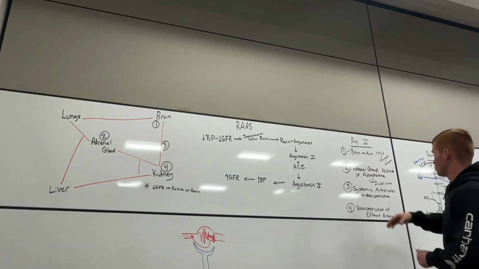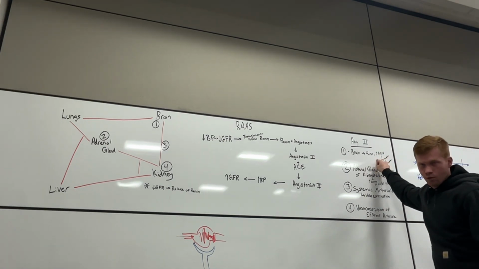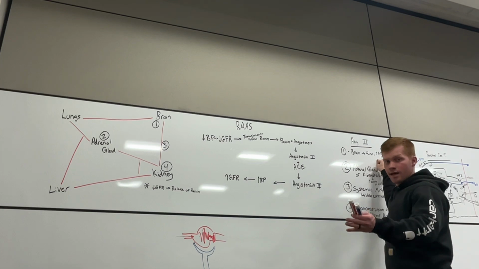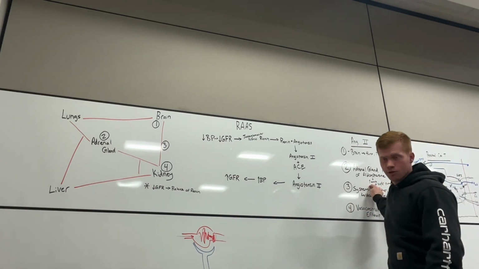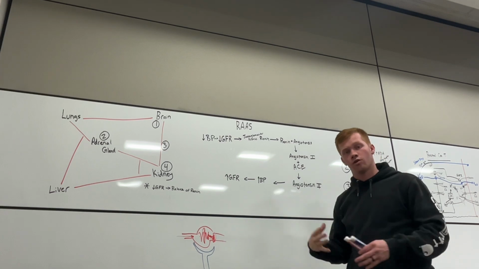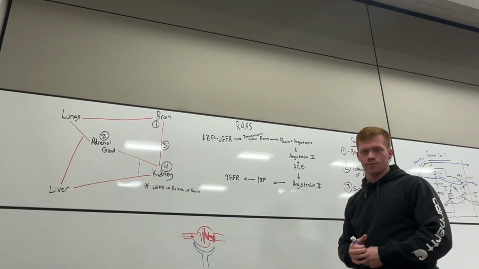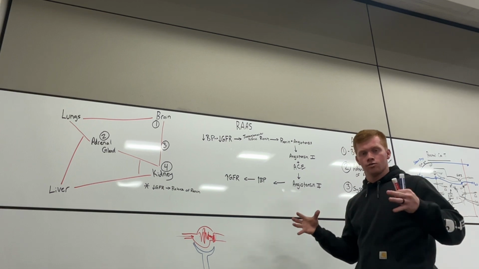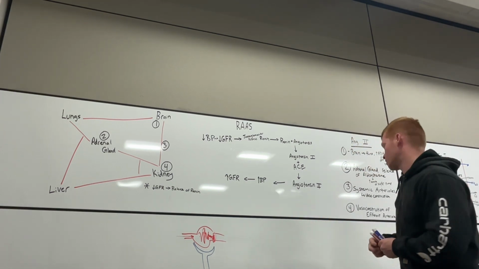So instead it's not going to create thirst. It's not going to release ADH for water reabsorption. It's going to let the water be excreted out. It's going to decrease the activity of the sodium-potassium pump, bringing less sodium into the blood, keeping more sodium in the tubules of the kidney, so more water stays with the salt in the tubules to get excreted.